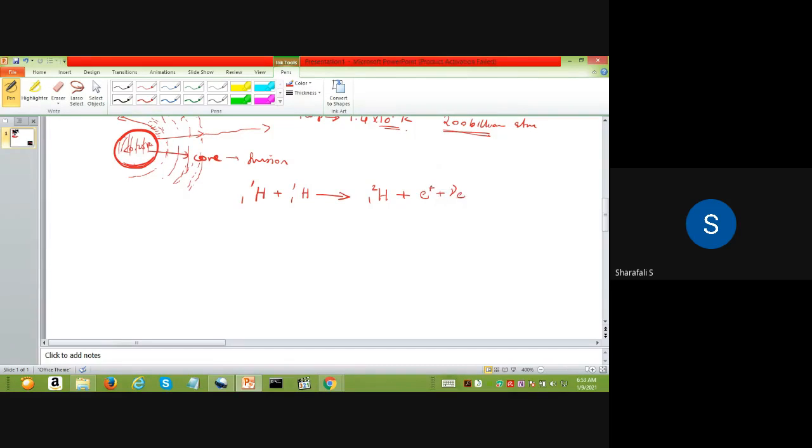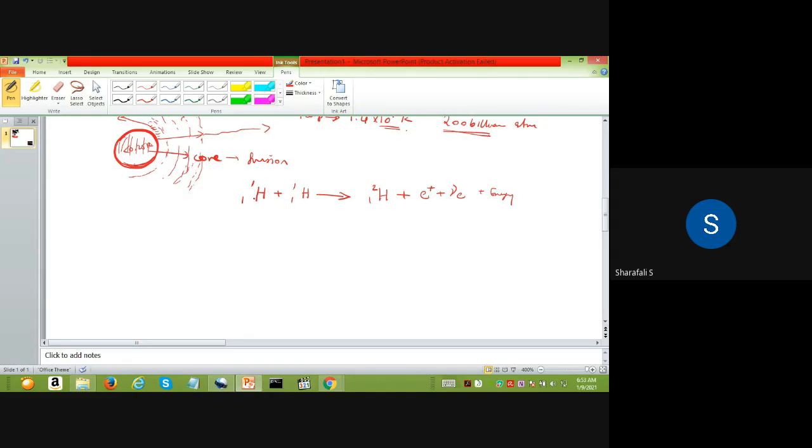Positron with the neutrino, electron with the antineutrino, remember that. And energy will also be released. So this is one of the possible reactions.